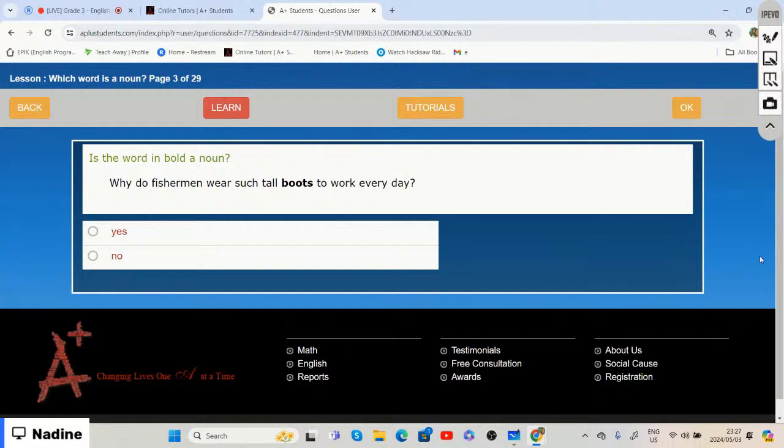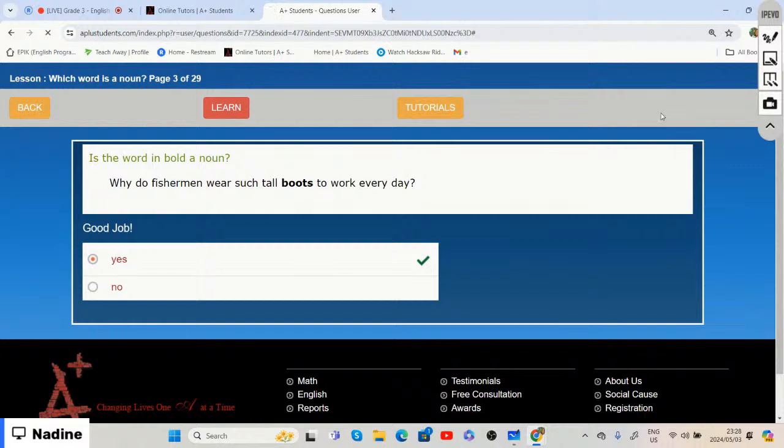Or what is boots? All right. So if we were to choose either yes or no, then we can say yes, boots is a noun. So well done.